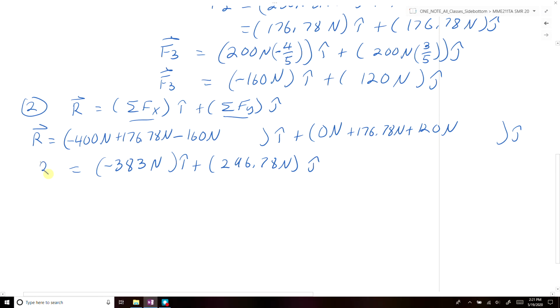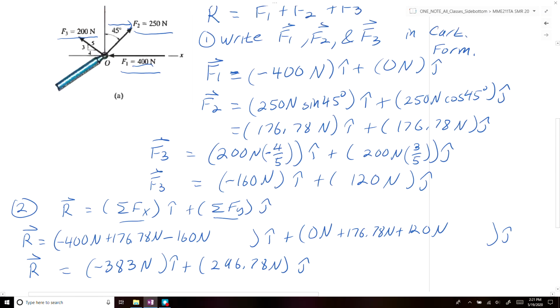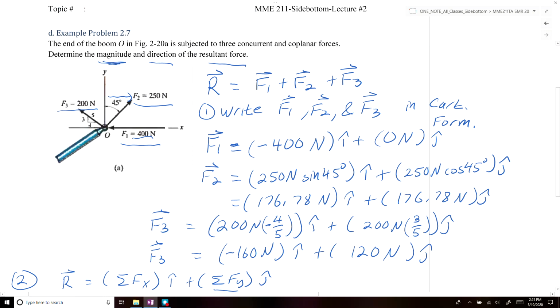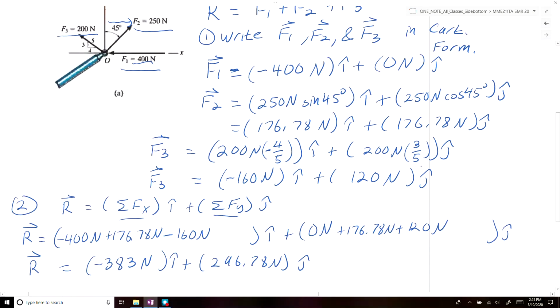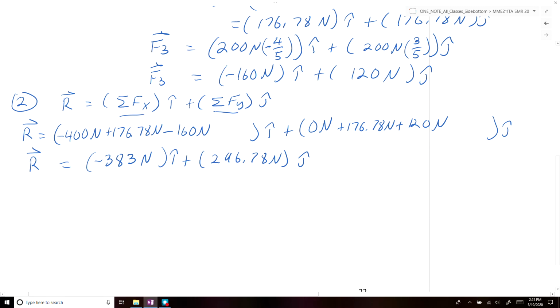in Cartesian form, but the problem statement asks us to determine the total magnitude and the direction of our resultant force. Okay, so what we're going to do here is we already know R is equal to minus 383 newtons along the x-axis, and about 297 newtons along the positive y-axis.